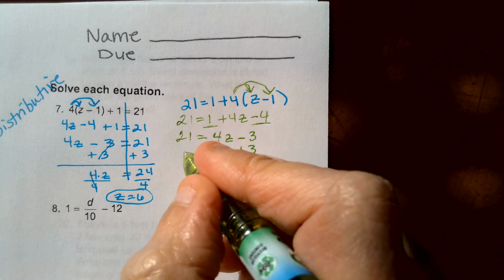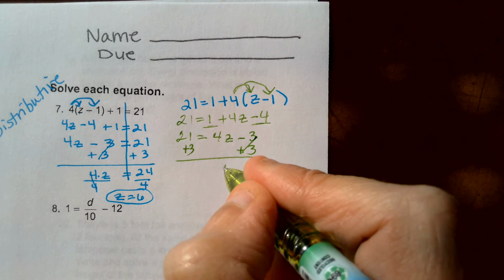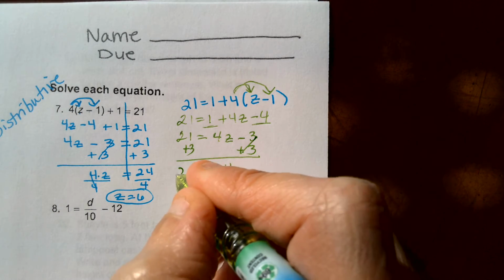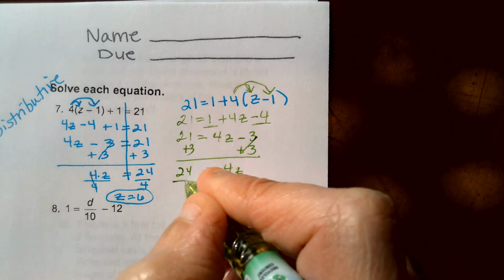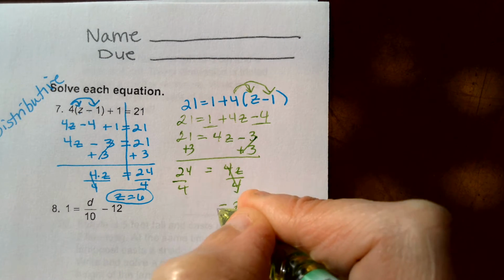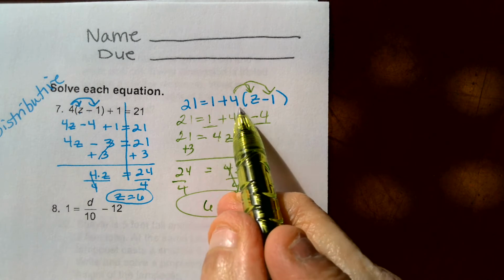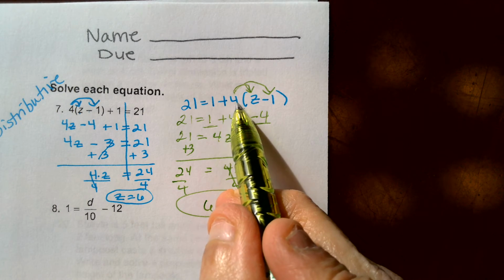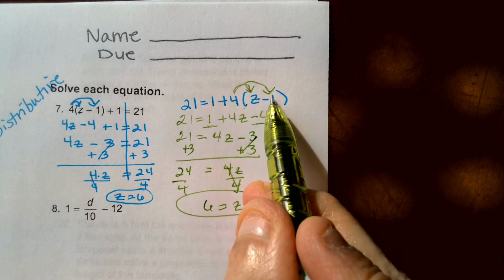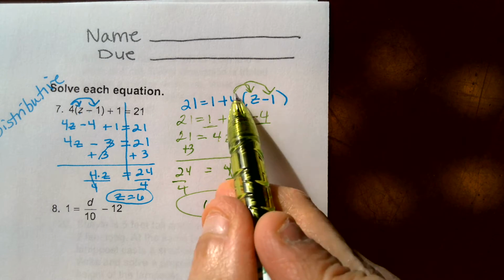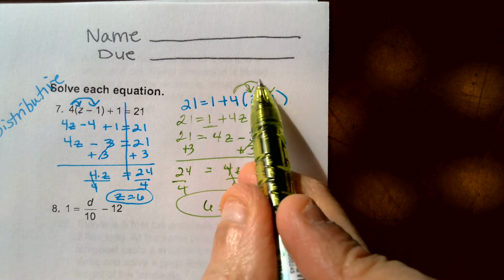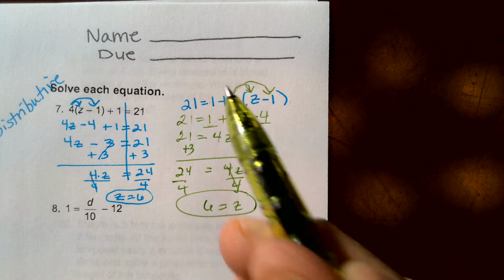Add 3. Divide by 4. And we do get the same answer indeed. So be careful if it's listed this way. People always want to add those, so you don't. You got to do the parentheses part first, 4 times this. You do your multiplication first before you do addition.